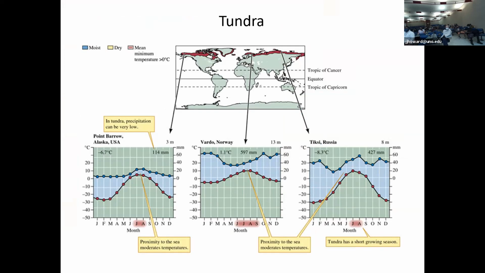Okay, and you can have extremely cold conditions. These are not as cold as the coldest taiga because they're closer to the ocean. So there's a little bit of moderation of this climate simply from the fact that they're near the Arctic Ocean. As cold as that may be, it's not as cold as it is further inland.